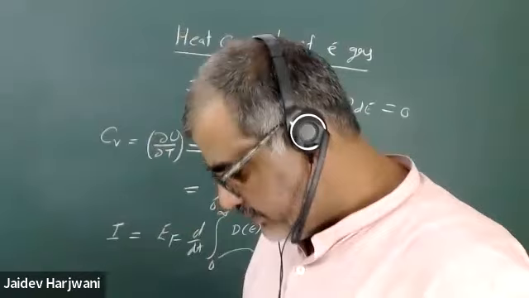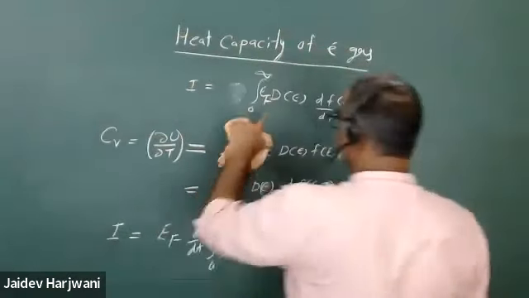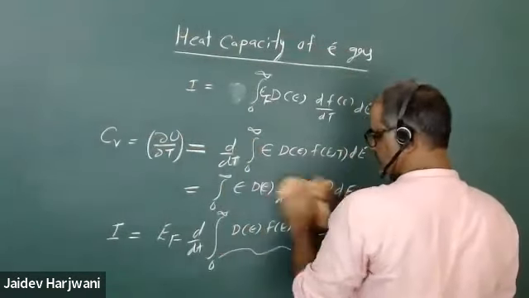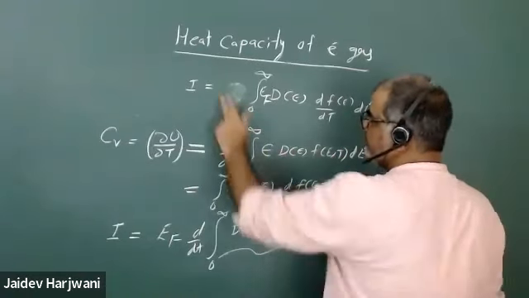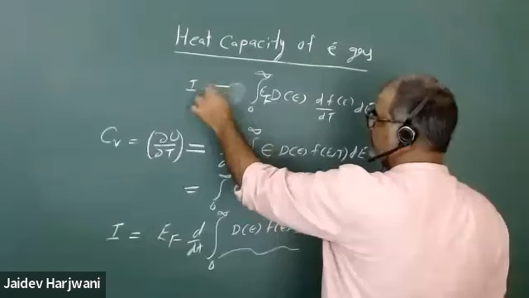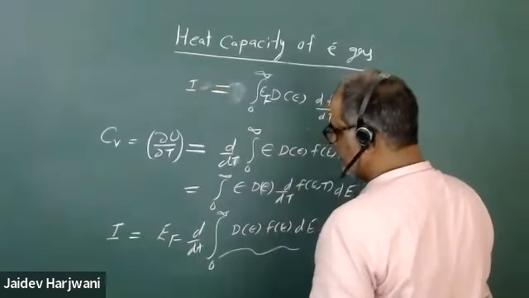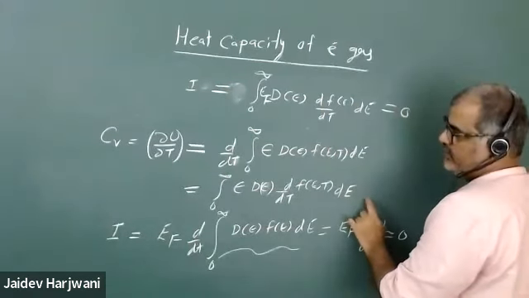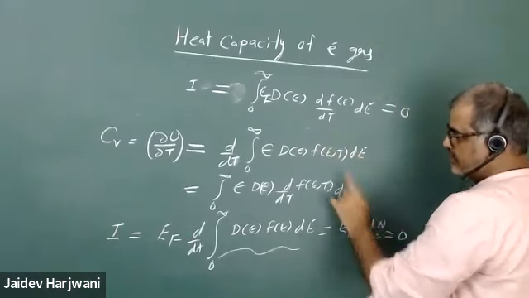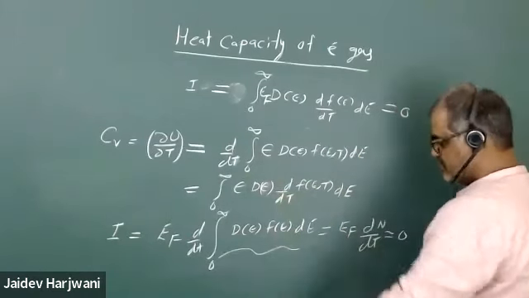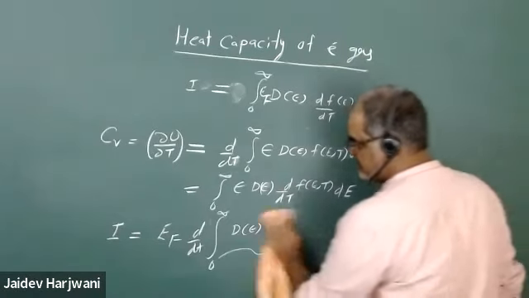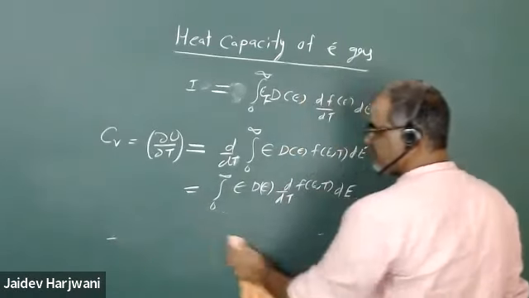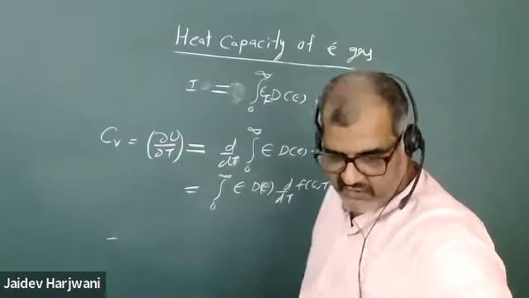Now what I'm doing, since this integration is 0, this value can be added anywhere. I can add this integration here or subtract it here, because it is 0, so my expression will not change. So now I am writing again this value c, the specific heat value.